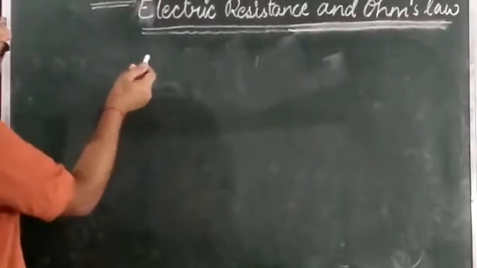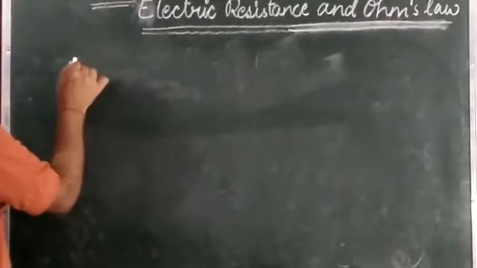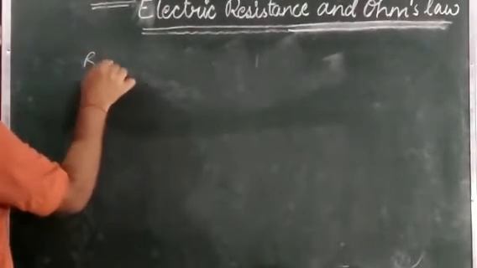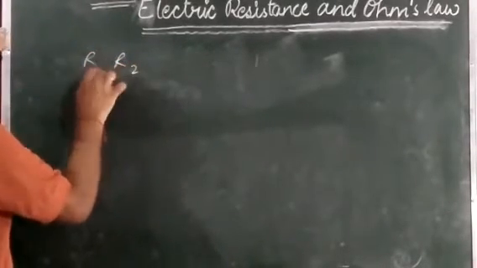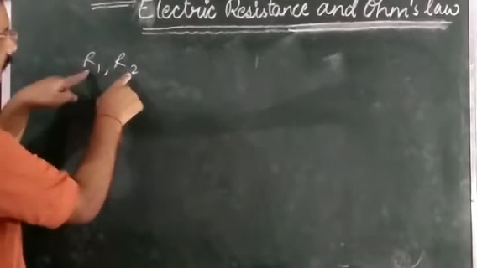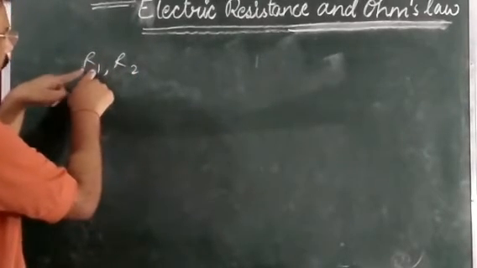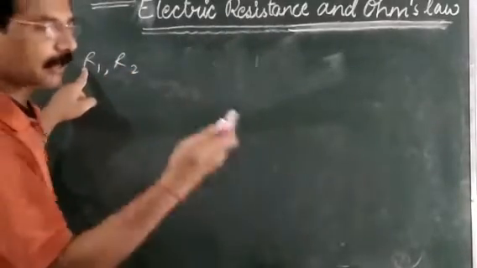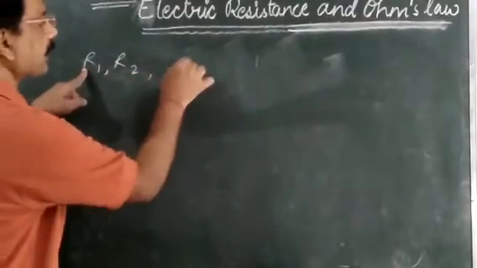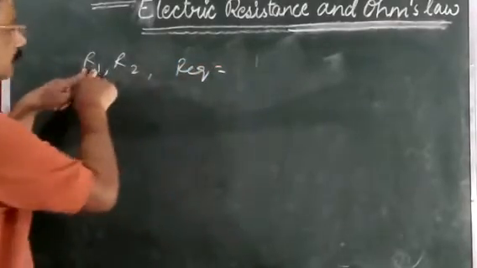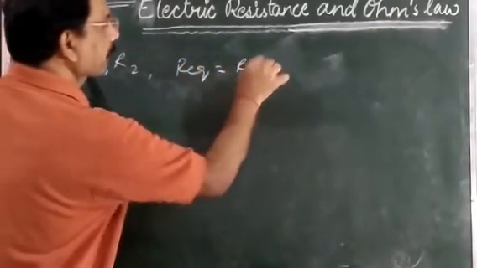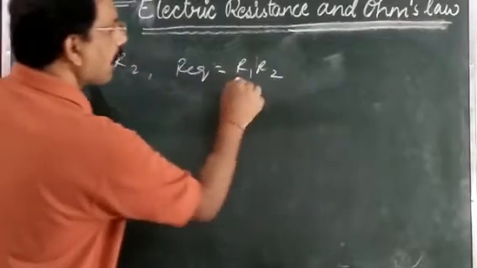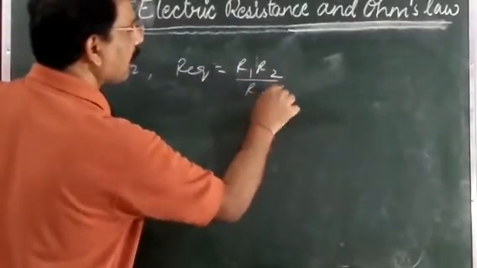Dear student, here I want to tell one thing. I am talking only about two resistors R1 and R2. Suppose both resistors R1 and R2 are joined in parallel, then we can directly calculate their equivalent resistance. In the numerator, we take their product R1R2 upon R1 plus R2.